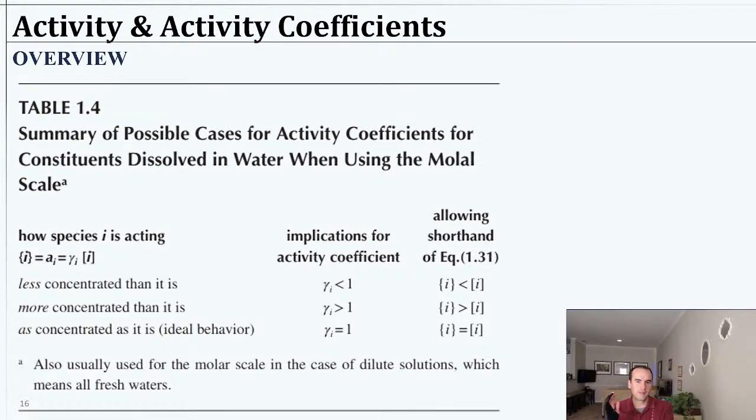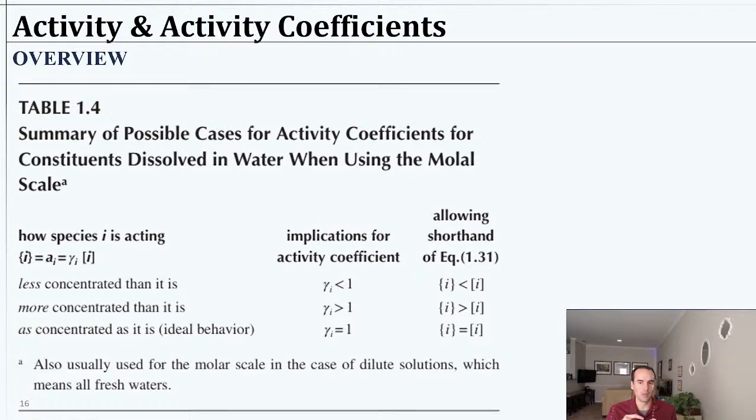Okay, briefly, here's a table that summarizes what types of activities we might see in the environment. To look at how species I is behaving, it will behave less concentrated than it really is when the activity is less than 1. So when the curly bracket I is less than the square bracket I. Sometimes we'll have a condition where it might behave more strongly. It'll be reacting more rapidly than we would expect.